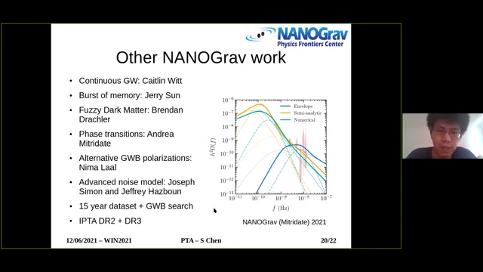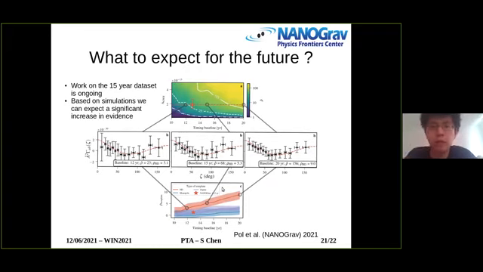Right. And just to give a brief look at what to expect for the future. We are working on a 15-year data set, and we have done a recent simulation of what we could expect, and this is done in Pol et al. And you can see that this evolution of the Hellings-Downs curve is very encouraging.